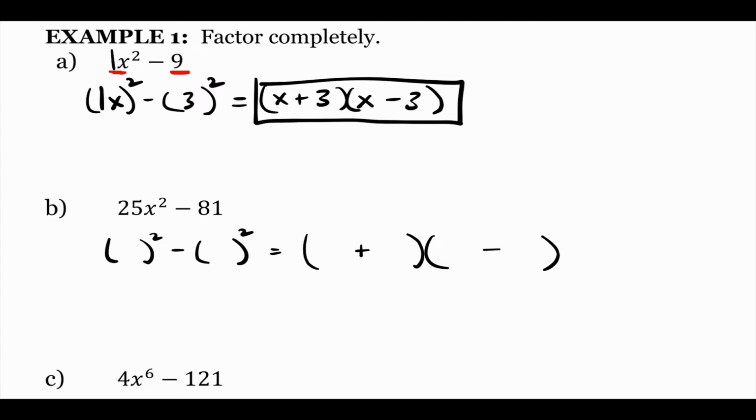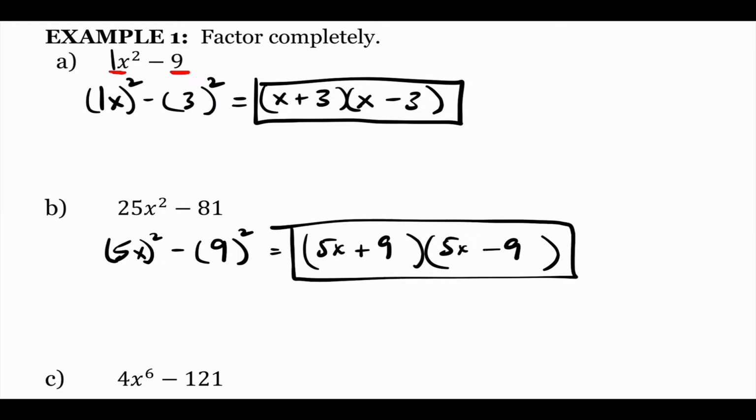What would go in the first set of parentheses? 5x, because the square root of 25 is 5, and the square root of x squared is just x. What would go in the second set of parentheses? 9. So it's going to be 5x plus 9 and 5x minus 9.